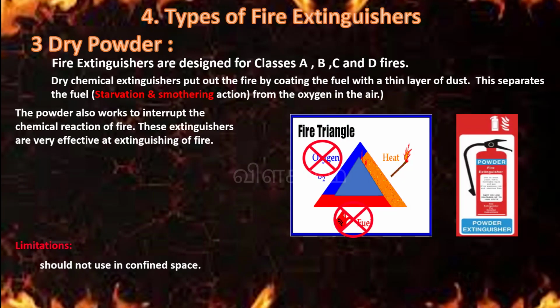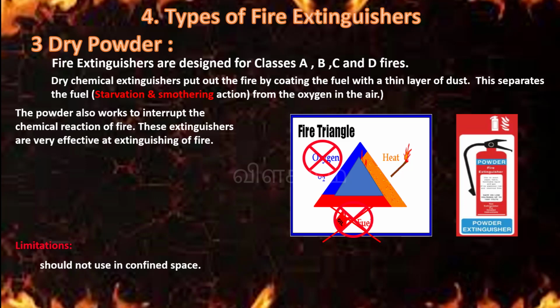Next type of fire extinguisher is dry powder. Dry powder fire extinguishers are designed for Class A, B, C and D fires. You can say universal fire extinguishers. Dry chemical extinguishers put out the fire by coating the fuel with a thin layer of dust.